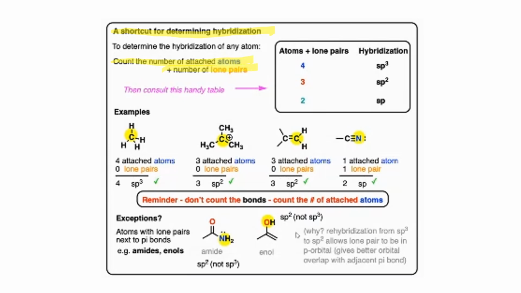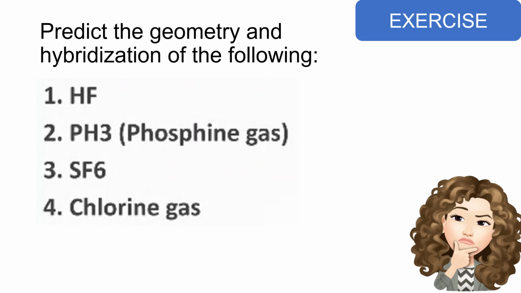It is the same as my formula a while ago: if you already know the number of lone pairs, the lone pairs plus the attached atoms is your number of orbitals, and that is the corresponding hybridization. So pause this video to do this exercise. Predict the geometry and hybridization of the following molecules.